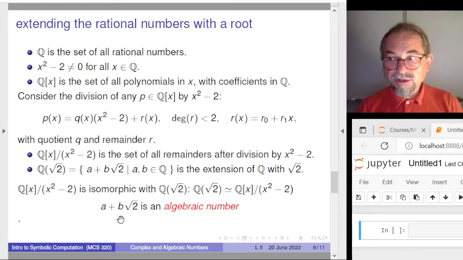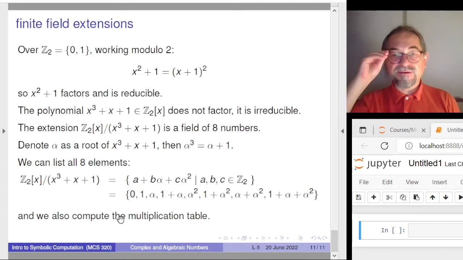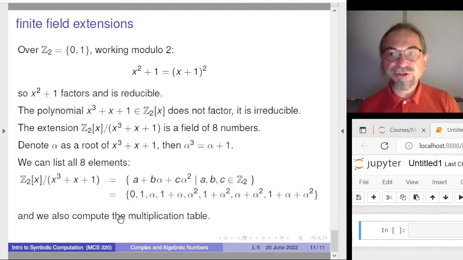Okay, so we are computer scientists, and the fields that we actually like are the fields of binary numbers, 0 and 1, the bits. If you look at the polynomial x squared plus 1, then something funny happens: x squared plus 1 factors. Why is that?